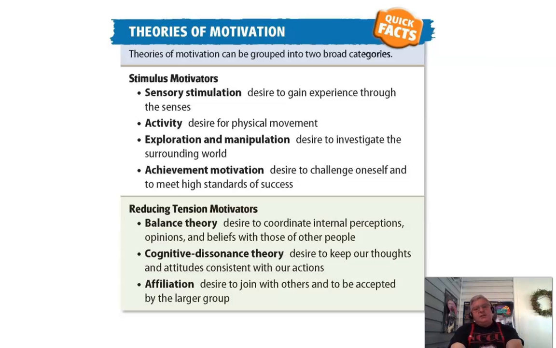Balance theory is coordinating internal perceptions, opinions, and beliefs with those of other people. These are all tension-reducing motivators. Cognitive dissonance theory is a desire to keep our thoughts and attitudes consistent with our actions. And so we'll make up an excuse that we really wanted it that way.